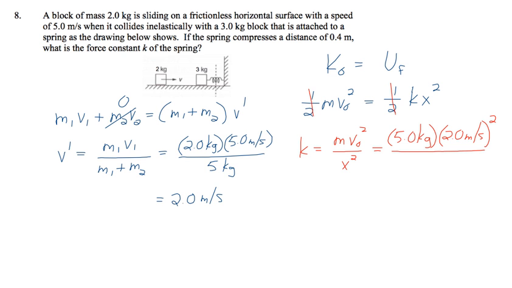And that's all going to be divided by 0.4 meters squared. And for my units, I've got kilogram meter squared per second squared divided by meter squared. I'm going to get newtons per meter as my unit.